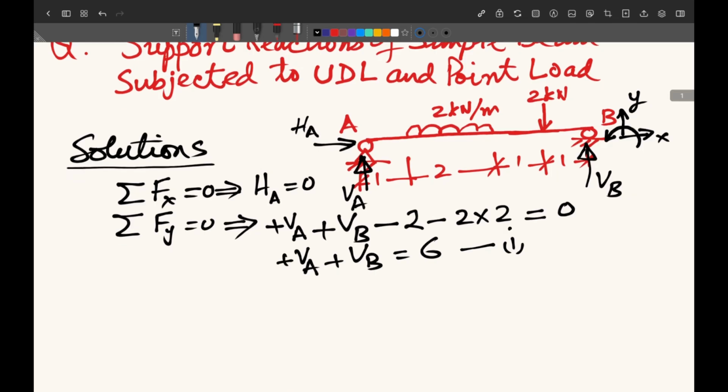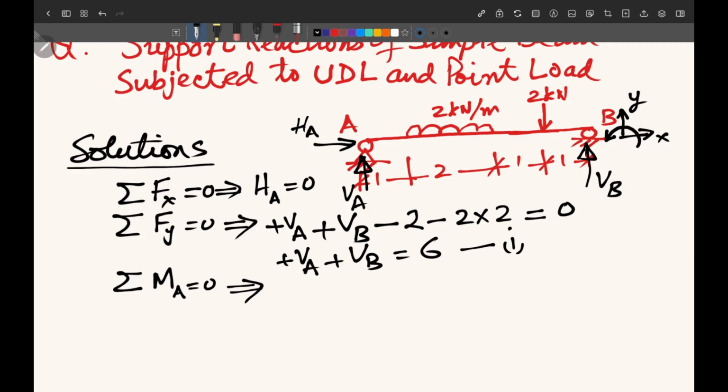Now we go to the third equation of static equilibrium, sigma M equal to 0, and here we take the moment about point A. In that case the moments of HA and VA are equal to 0, because these two forces are acting at the same point A, so they will not give any moment.